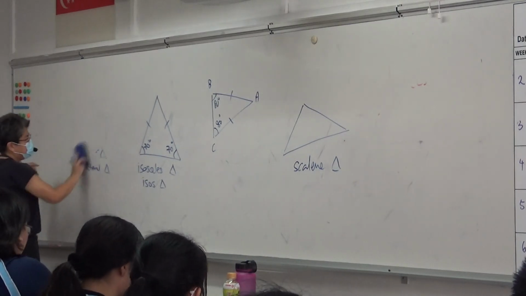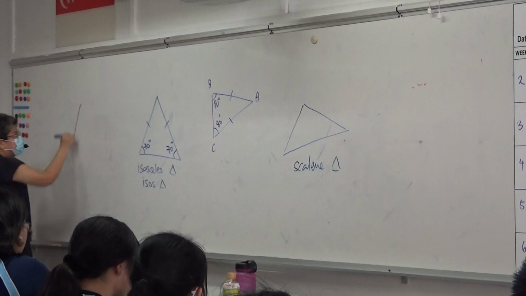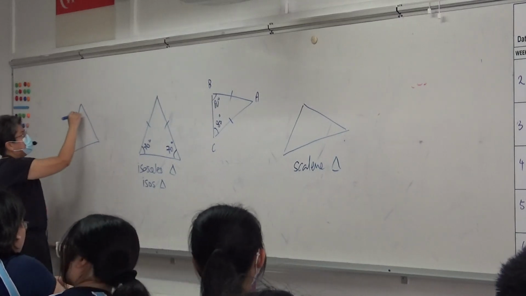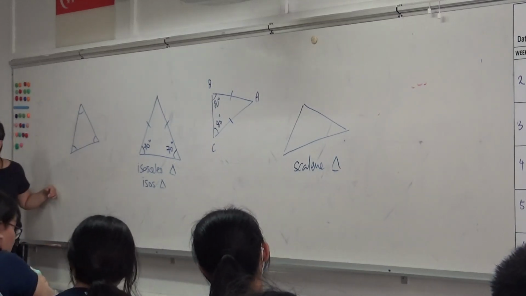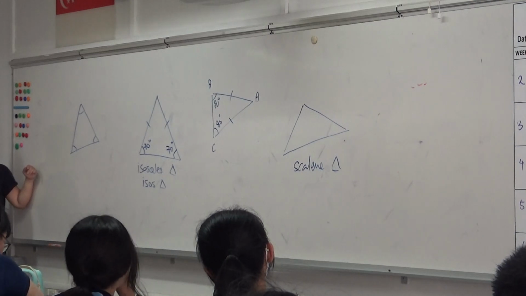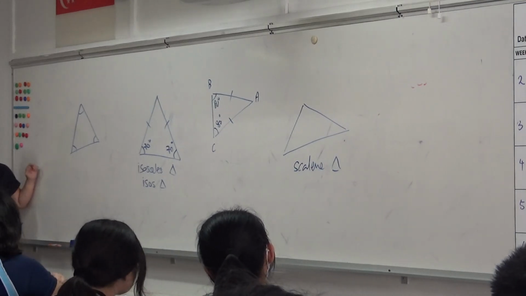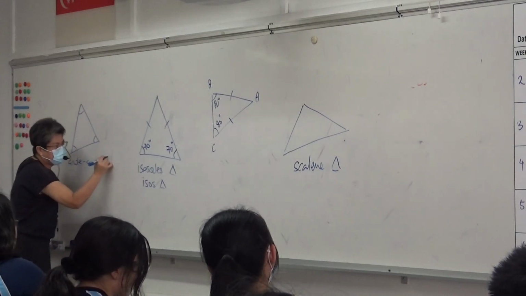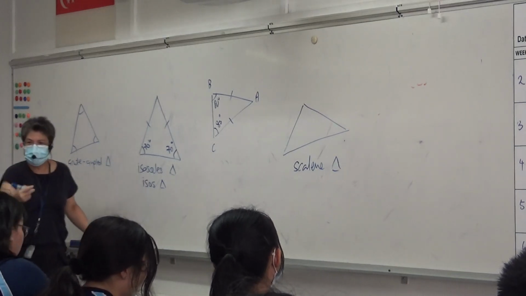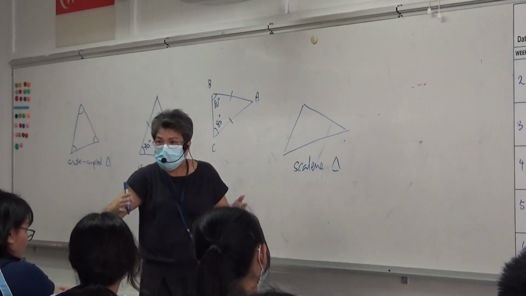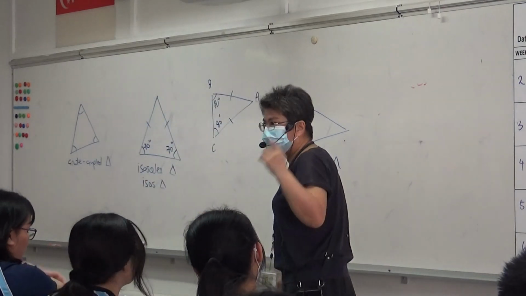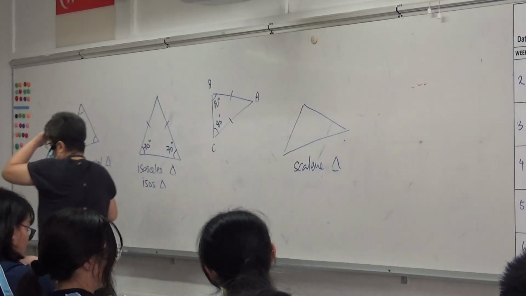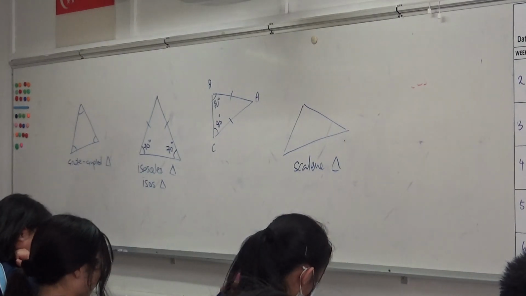Look at this first one. Do you agree that all three angles are acute? So it is called an acute angle triangle. You understand? Now, next.